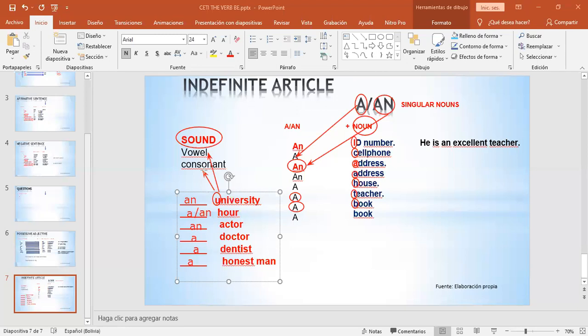Vowel or consonant sound? Vowel sound. If you say consonant... it is not a consonant sound, it's "hour." Hour and university.